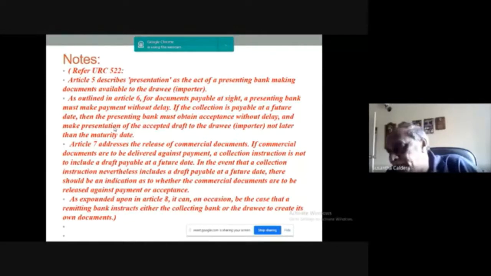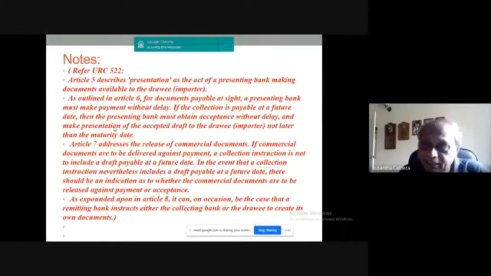As per the group policy of Standard Chartered Bank, Standard Chartered Dubai will send the documents to Standard Chartered Colombo. That is their group policy, right? Then Standard Chartered Colombo will be the collecting bank.